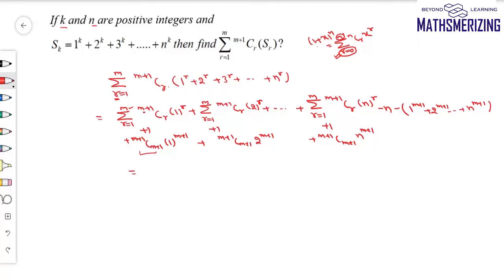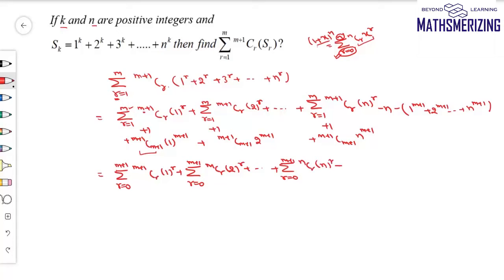So I'll write this series as summation r from 0 to m plus 1 of (m+1)C_r times 1 to the power r, summation r from 0 to m plus 1 of (m+1)C_r times 2 to the power r, and summation r from 0 to m plus 1 of (m+1)C_r times n to the power r, minus n, and then minus (1 to the power of m plus 1 plus 2 to the power of m plus 1 all the way up to n to the power of m plus 1).